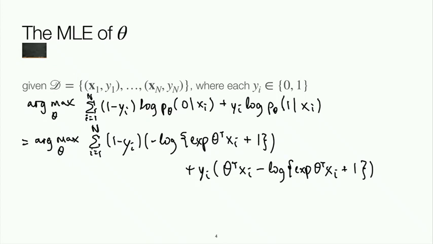Now, if we stare at this long enough, and you don't have to stare for that long, you'll see that something here can simplify this. I have yi times negative log of this thing, but over here I have negative yi times the same thing. So those two terms cancel, because I have plus and minus of the same thing, yi times the big log expression.